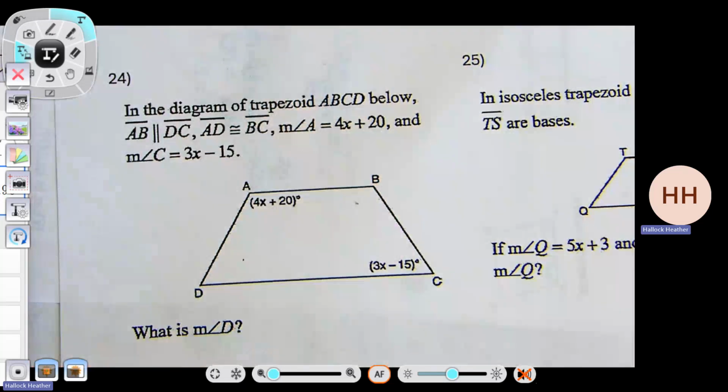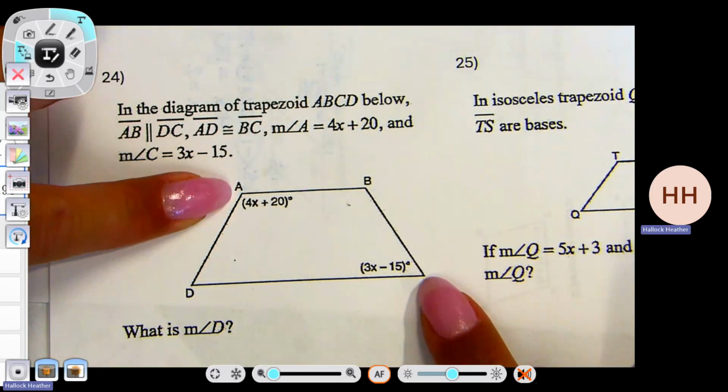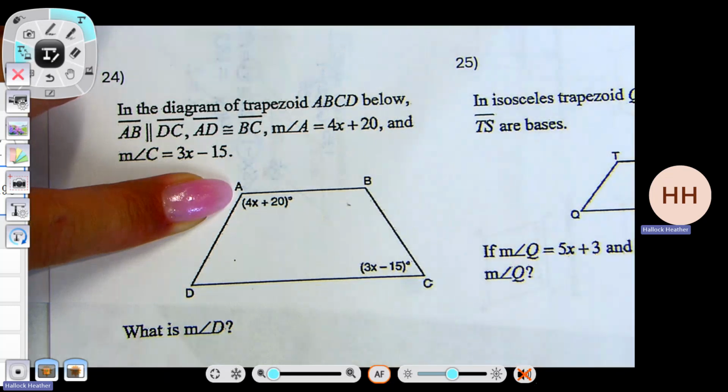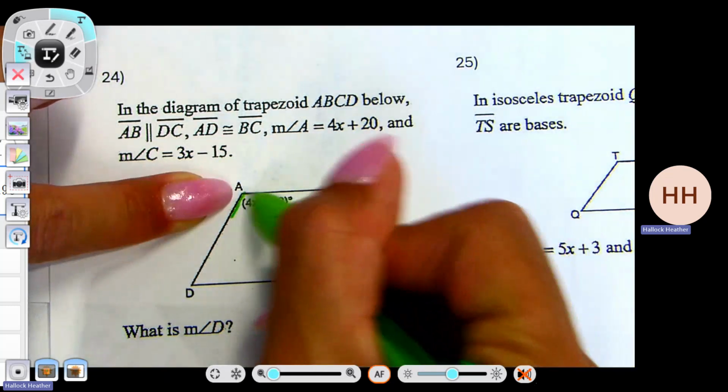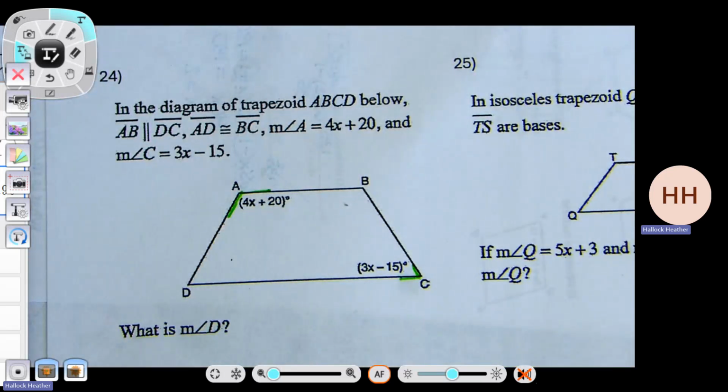Because this is a trapezoid, do these angles equal each other or do they add to make 180? They add to make 180. This is obtuse, this is huge, this is small. They're not the same, so they're not equal. So I'd have to add to make 180.